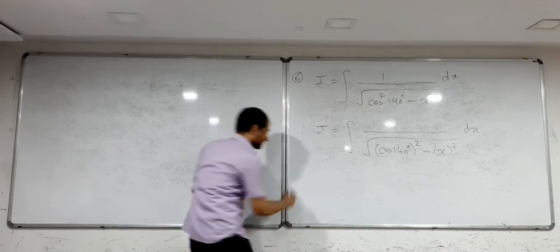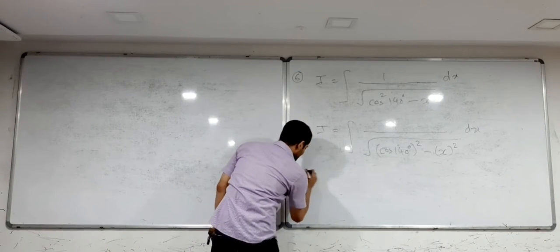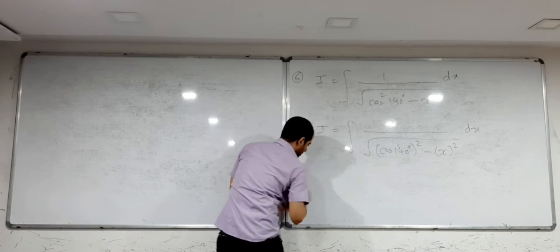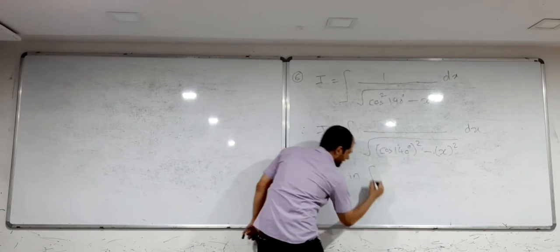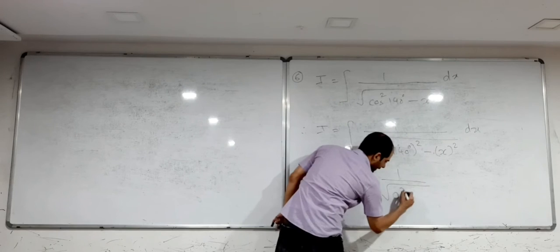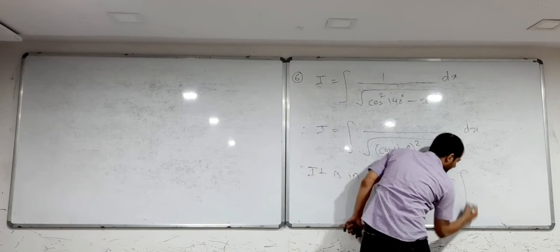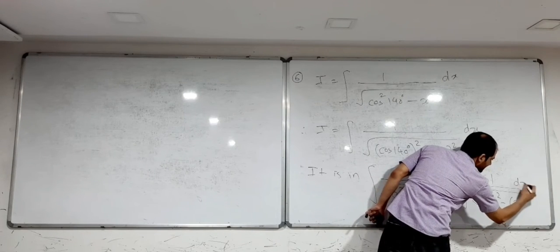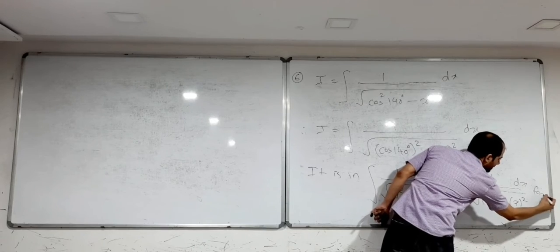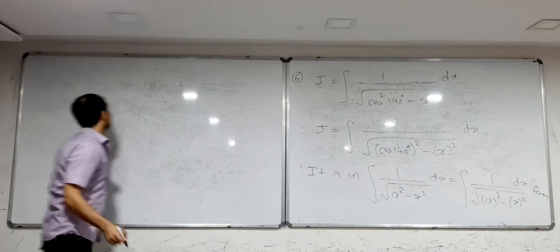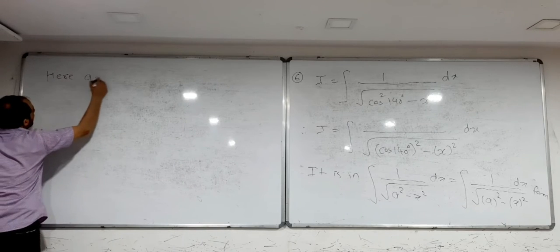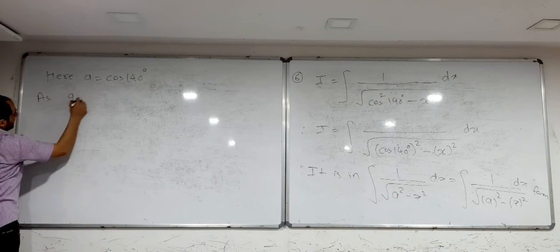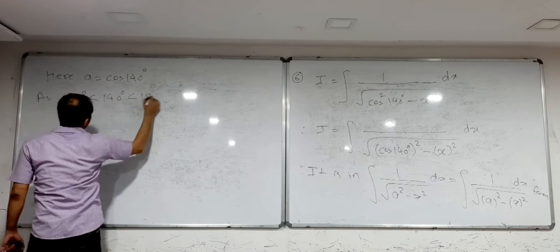So here, compare: it is in the form of integration of 1 upon square root of a square minus x square dx, which is equal to integration of 1 upon square root of a square minus x square dx. It is in this form. Okay, so in one place here, what is there? Cos of 140, as 90 degree is less than 140 degree, less than 180 degree.